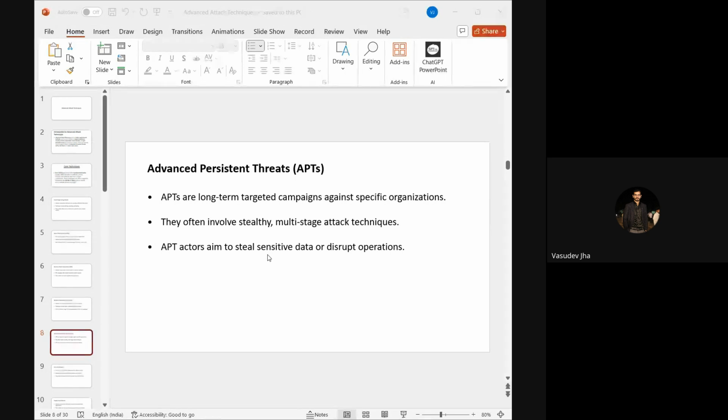So you are not getting a single log for a specific event. Instead, this APT is creating logs in multiple blocks. Okay, so by this, suppose you have a secure environment or SOC, security operation center, the traditional rules are not able to detect this.